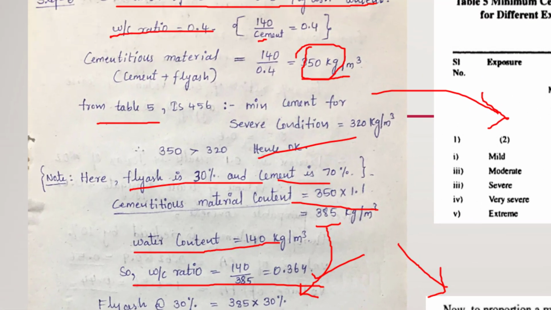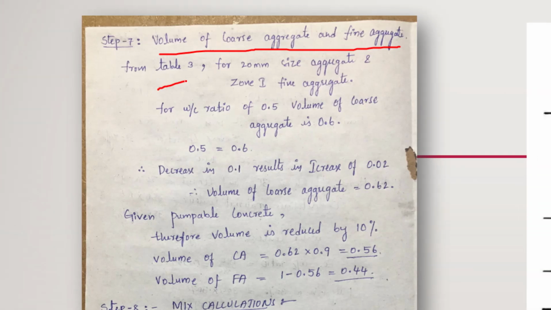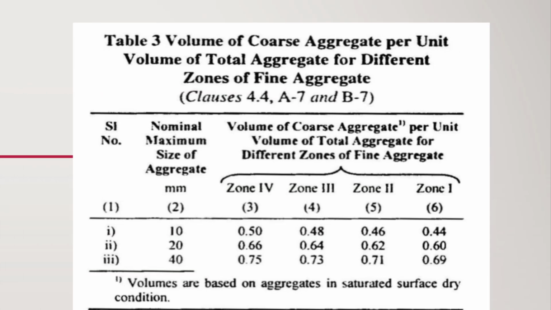Okay, we are going to the next step, that is volume of coarse aggregate and fine aggregate. From table 3 given in IS 10262, for 20 mm size of aggregates and zone 1, for 0.5 water cement ratio, the volume of coarse aggregate is 0.6.